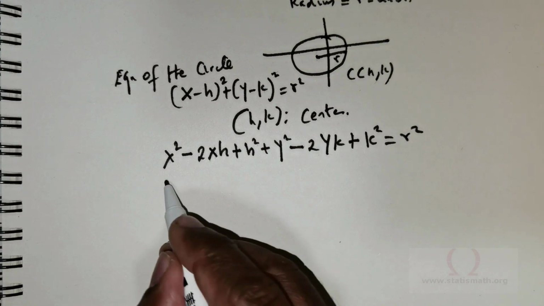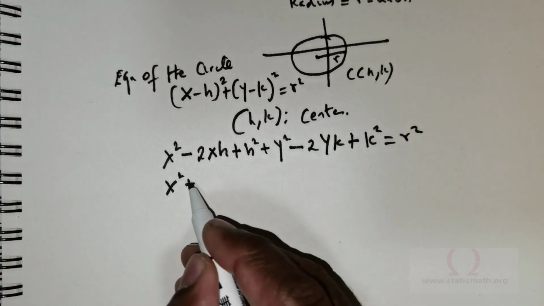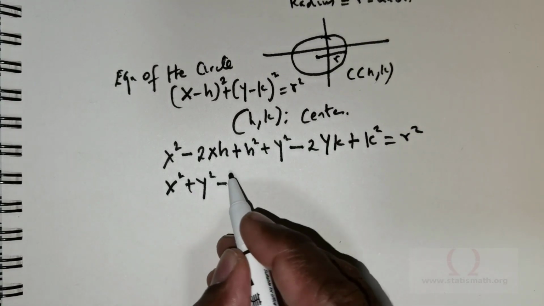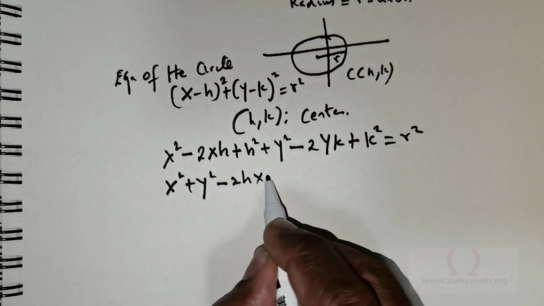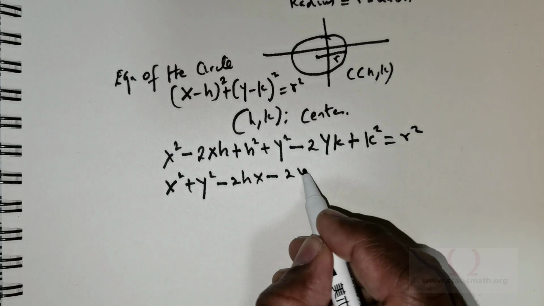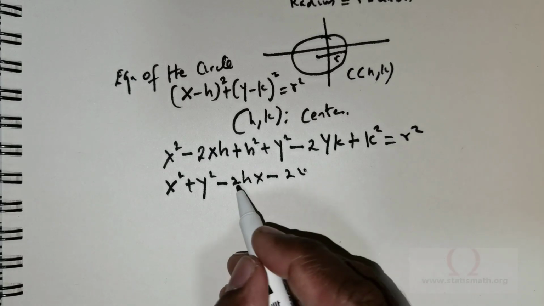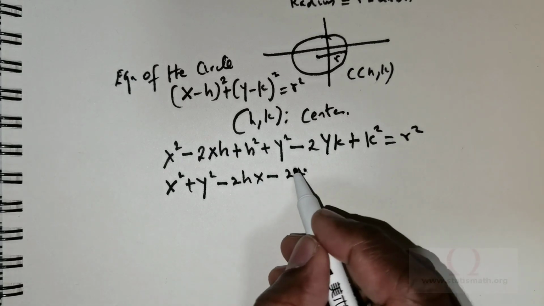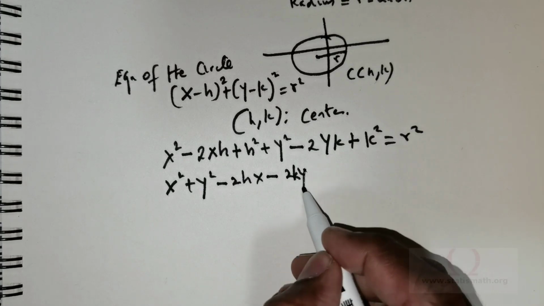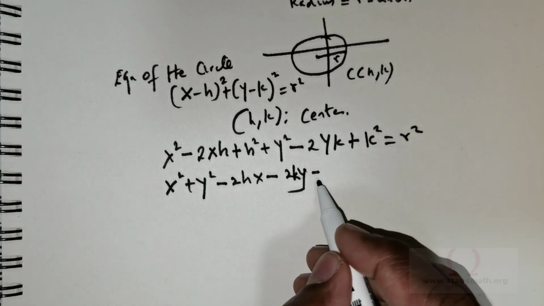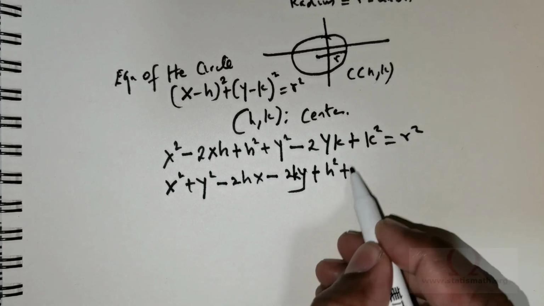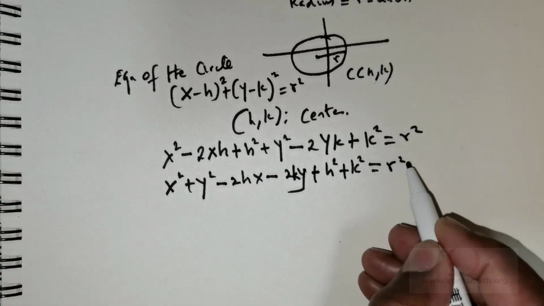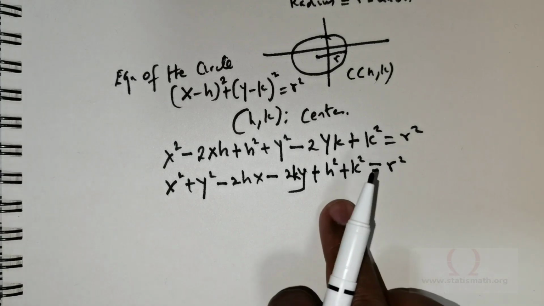Now I can rewrite this as x² + y² − 2hx − 2ky + h² + k² = r². So I've got something like this.